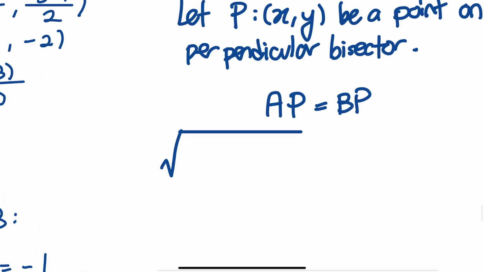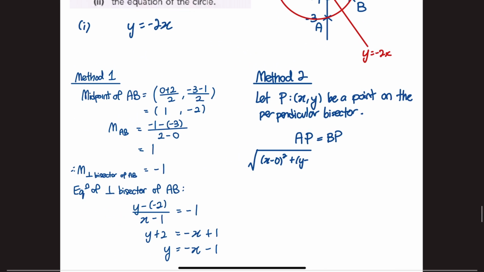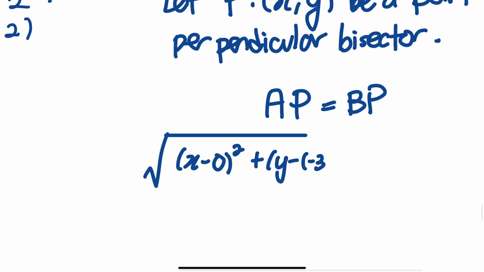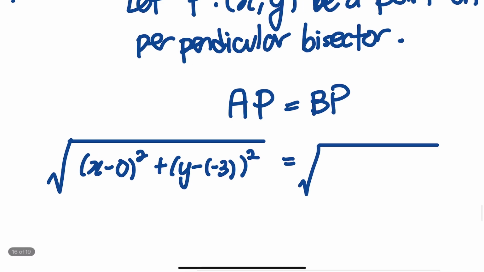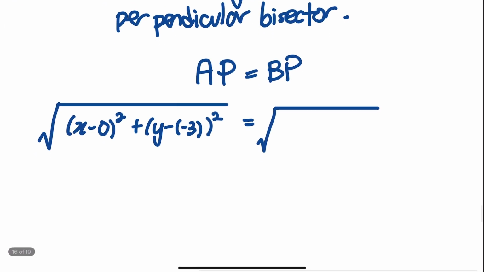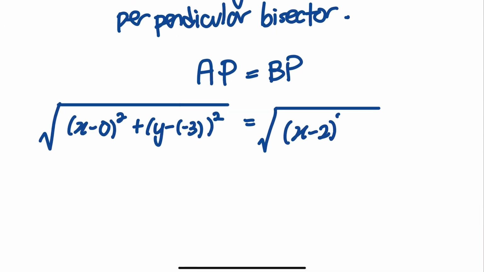So over here it is simply the square root of (x minus 0) squared plus (y minus negative 3), the whole thing squared. This length formula is equal to the square root of, for BP, the formula simply (x minus 2) squared plus (y minus negative 1), the whole thing squared.